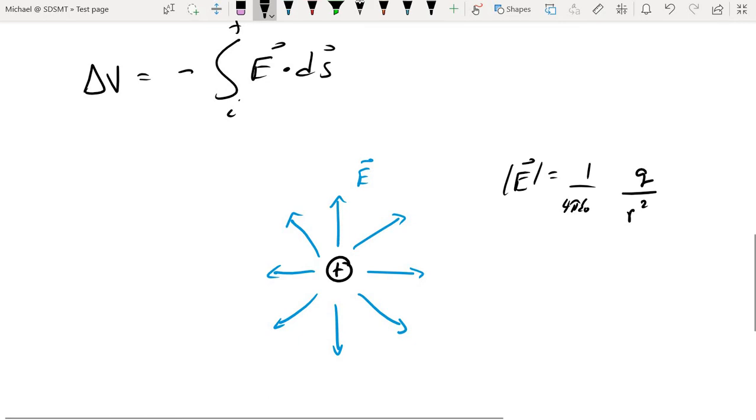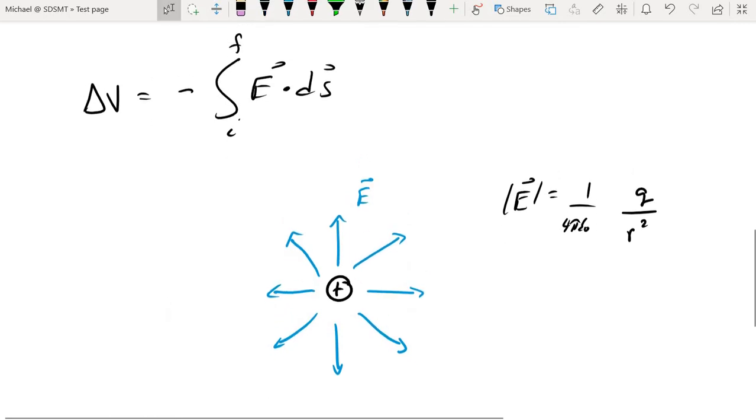Well, our equation up here doesn't actually tell us that. The equation doesn't tell us what the electric potential is at a given point in space. It tells us what the difference in electric potential is between 2 points in space.